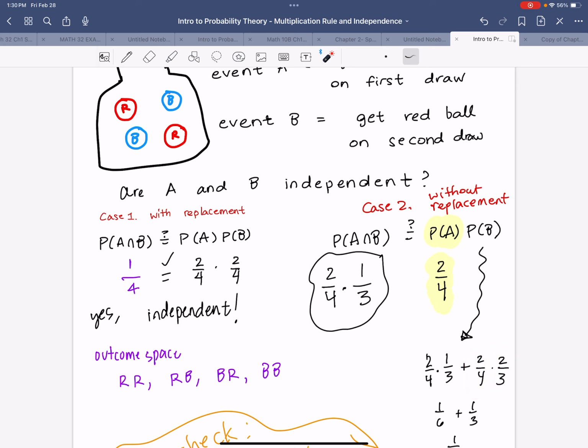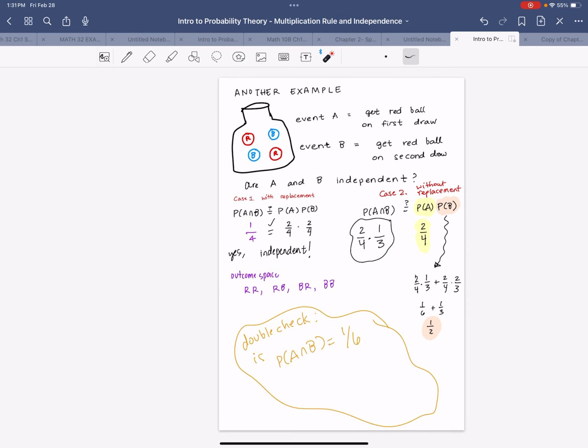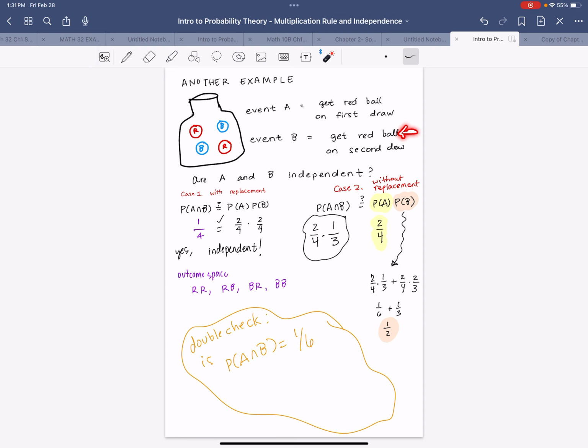We added those together, and it ended up that the probability was exactly the same. So it's still 1/2. The probability that your second draw is a red ball is still 1/2. Seems like it should be different, but it was the same.